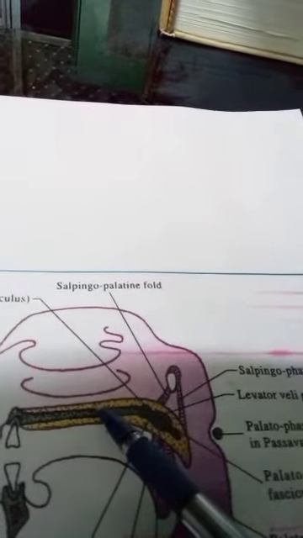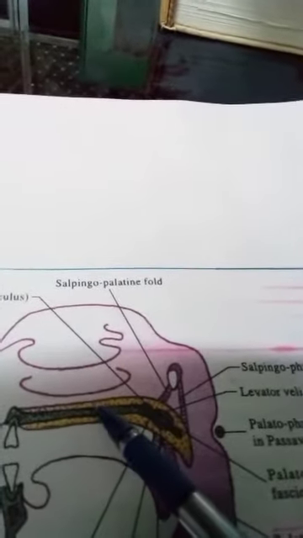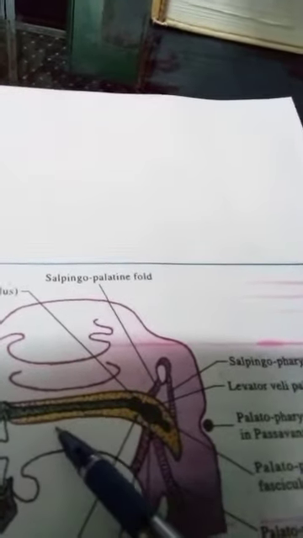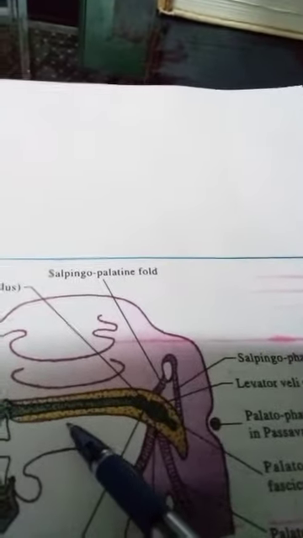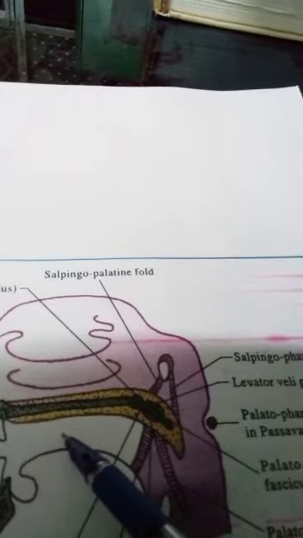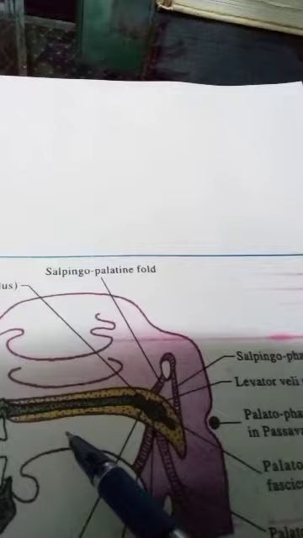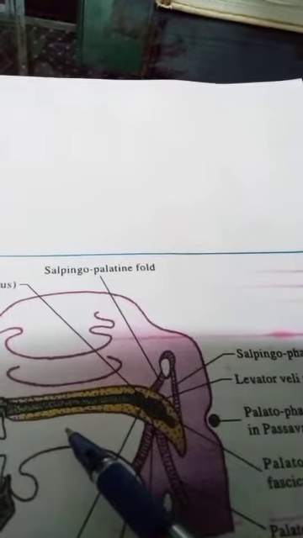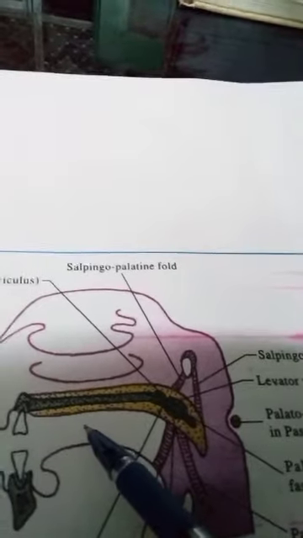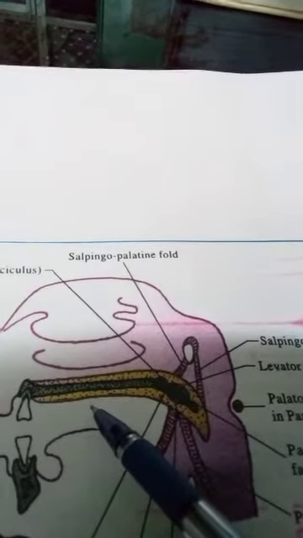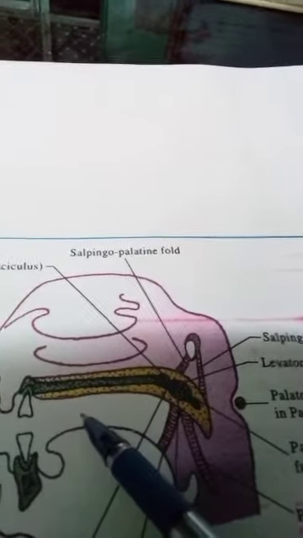Upper surface of hard palate is covered by ciliated columnar epithelium of the nasal cavity. The lower surface of the hard palate is covered by keratinized stratified squamous epithelium and is provided with numerous mucus secreting palatine glands in the posterior half.